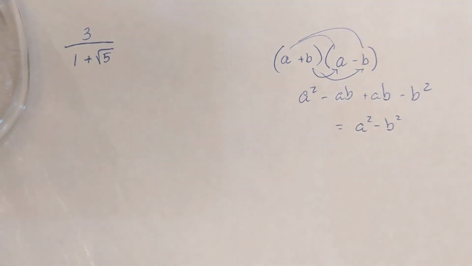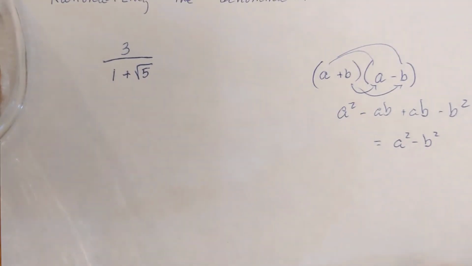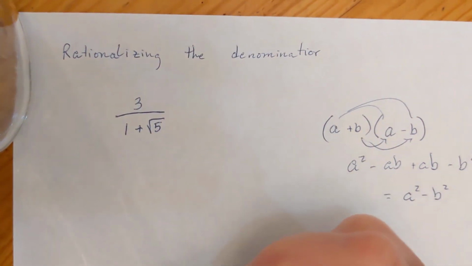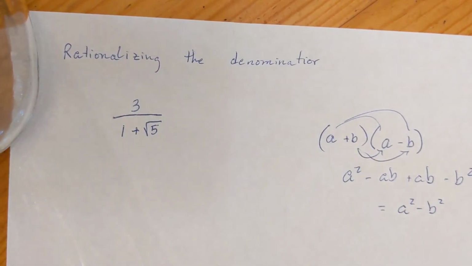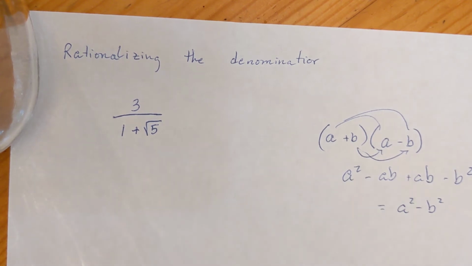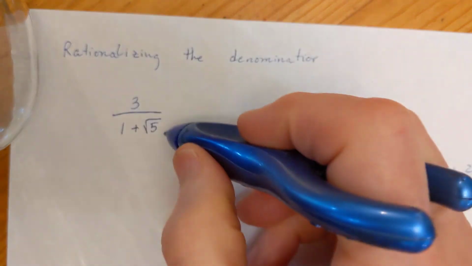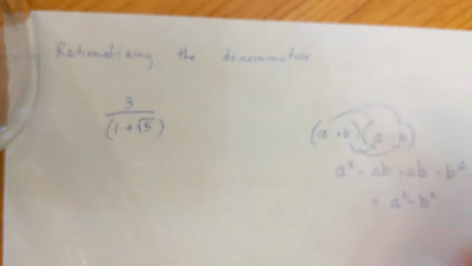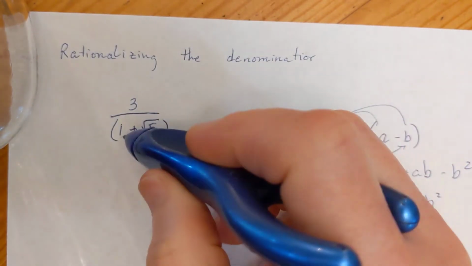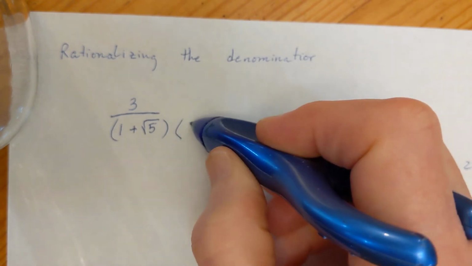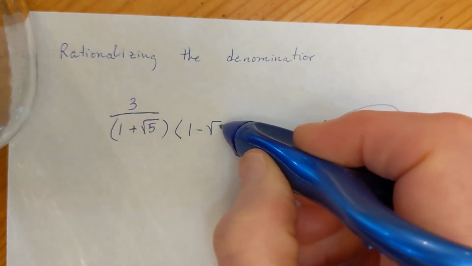I'm going to do a very similar thing here, only instead of multiplying by whole numbers or real numbers or rational numbers, I guess these are all still real numbers, I'm going to multiply by the conjugate, the number that's going to eliminate this middle here.